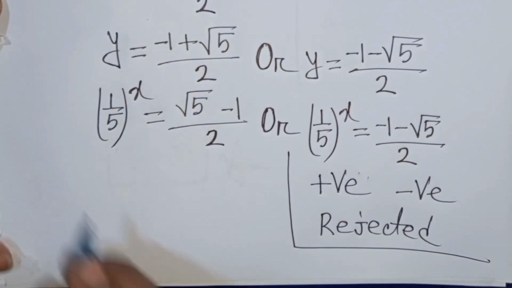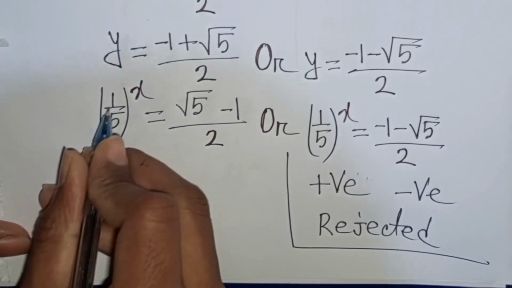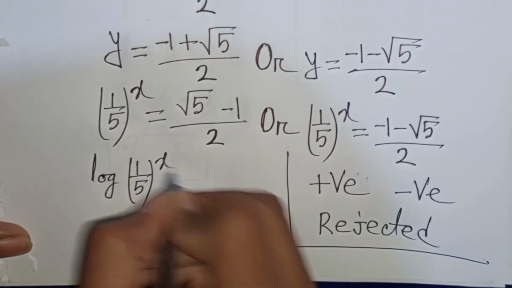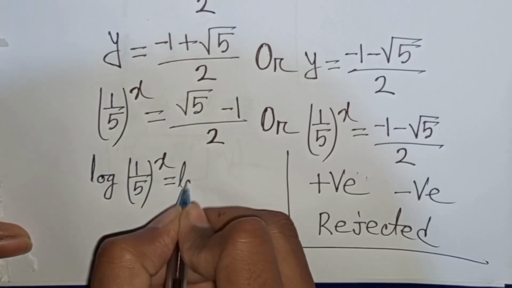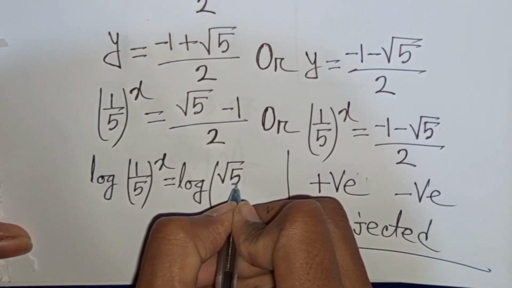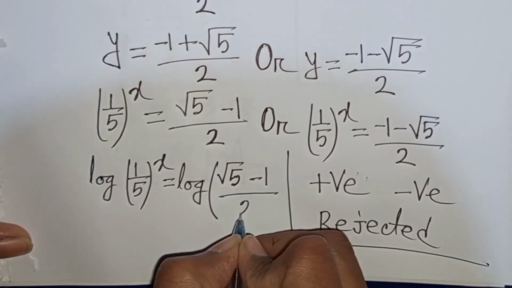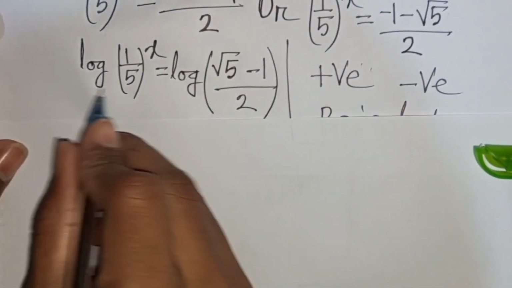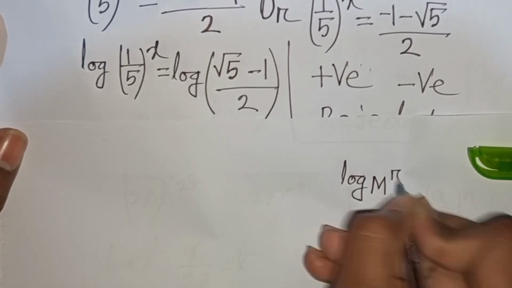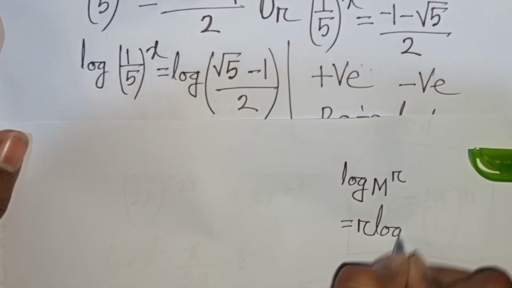Now from here we apply log on both sides. So you can write here log of 1 by 5 bracket power x is equal to log of square root of 5 minus 1 divided by 2. Now here you can apply the rule that log m power r is equal to r log m.